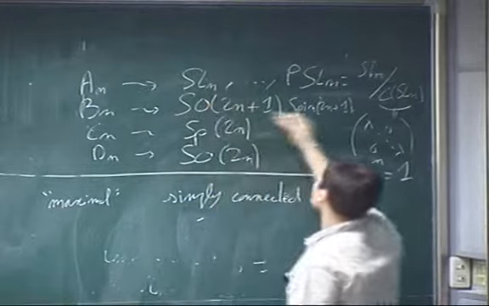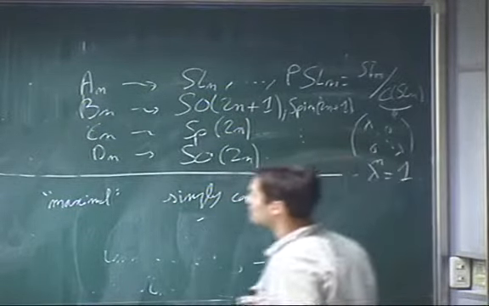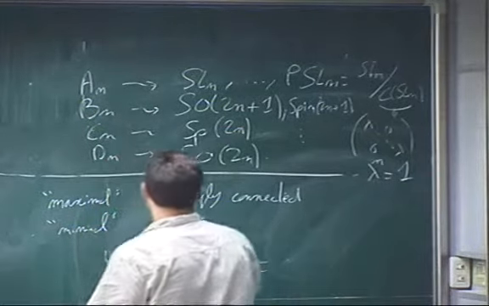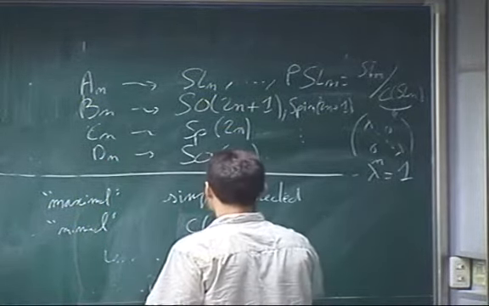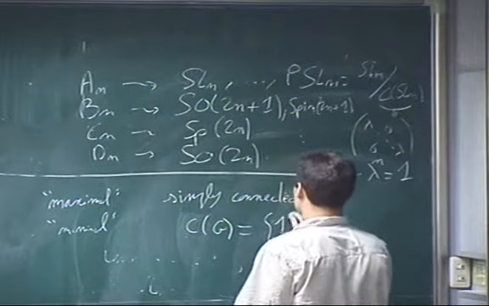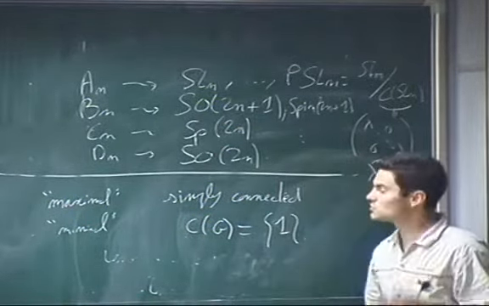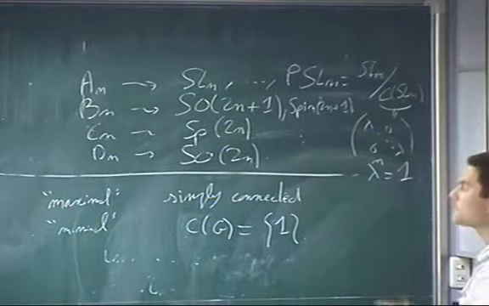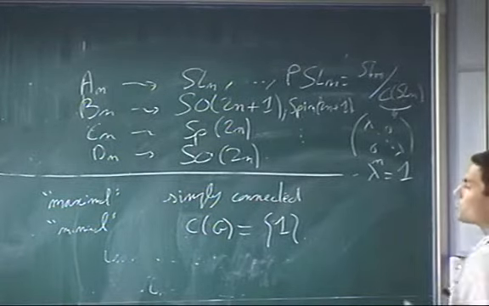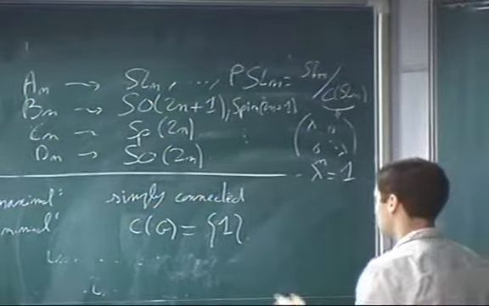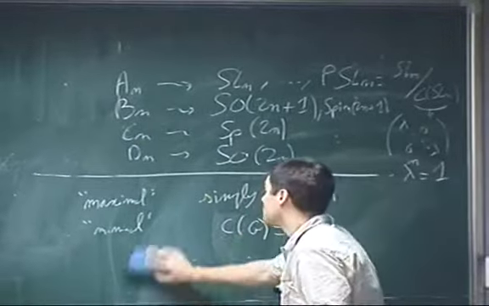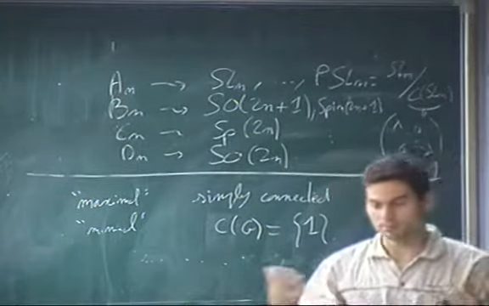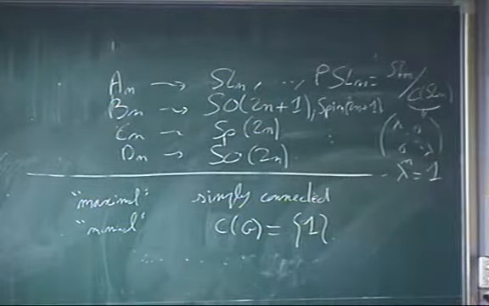So SL_n is simply connected, Spin(2n+1) is simply connected, and we have a minimal group which has trivial center. So for each diagram we have finitely many possible groups, and generally we use the simply connected one, because it's the one that has the most information.